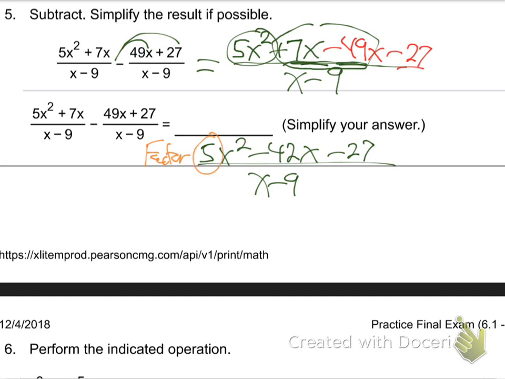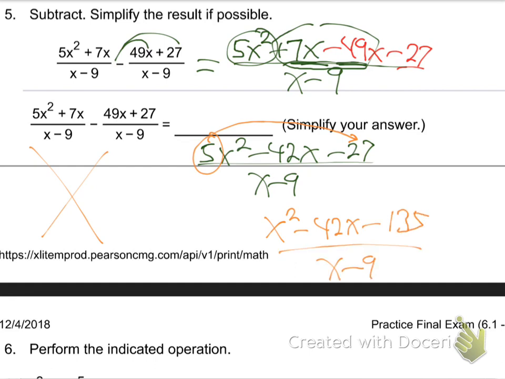Number in the front, slide and divide. Remember that? So push that to the back. So that's 5 times minus 27, which is minus 135. So I'm going to do my diamond. It's going to become x squared minus 42x minus 135.